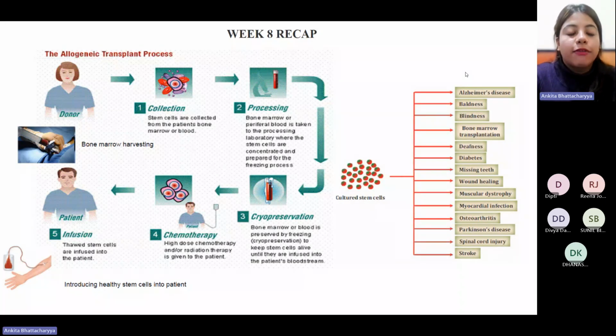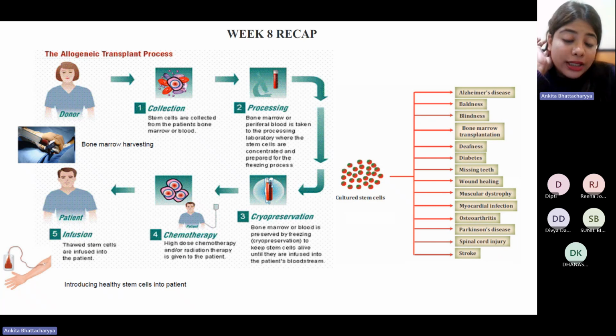So what we see here in the process is that first we have a donor from whom stem cells are collected, either from bone marrow or sometimes even from blood. Then this bone marrow or peripheral blood is taken for processing, where stem cells are concentrated. They are increased more and more in number, and prepared for freezing. Then they are subjected to cryopreservation.